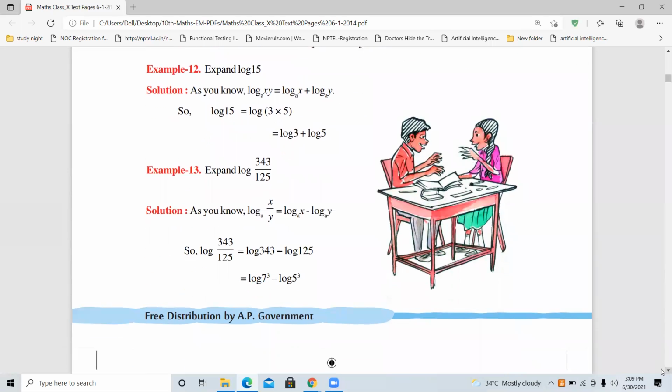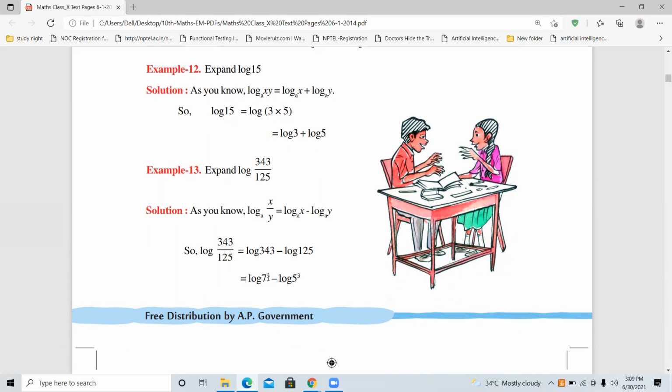And in the same way, if we consider log of 343 by 125, we know that it is in the form of log of x by y base a equal to log of x base a minus log of y base a, and hence it will become log of 343 minus log of 125.